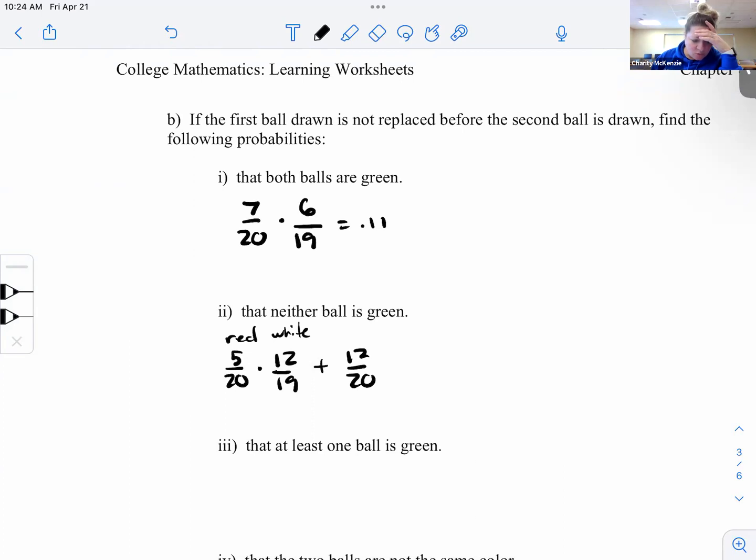So they did 12 out of 19 because we have 5 red. What did I just say? We had 8. How many white balls do we have? 8 white. 8. So this is okay, 13 total, right? That's where they're thinking.